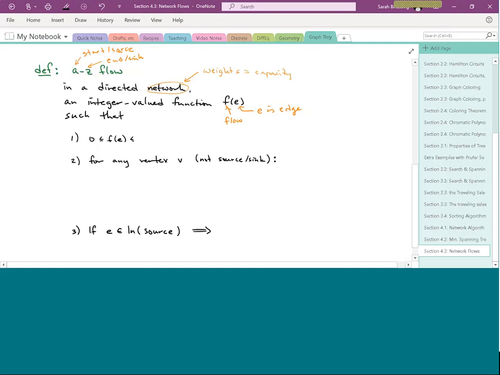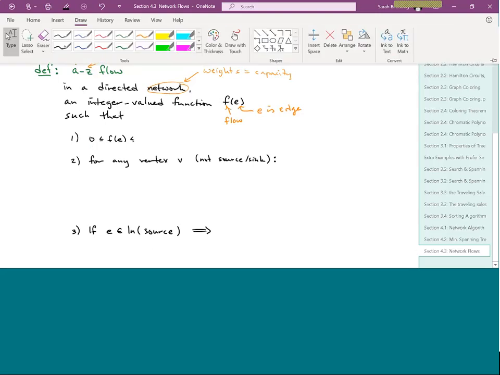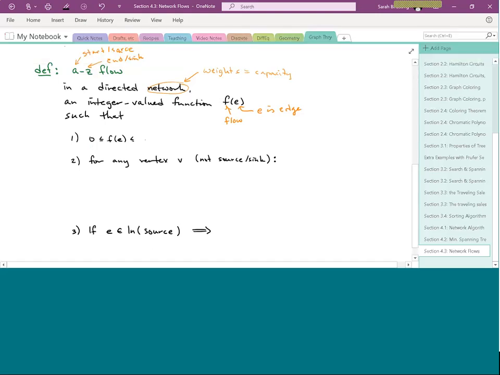Now, here's how this flow, this function, is a function on the entire network, but what you plug in from your entire network would be the individual edges. On each edge, the flow is maybe 0, but no more than whatever the actual capacity is. So your book says K, so I'll do K of e. Okay? So flow is somewhere between 0 and capacity.